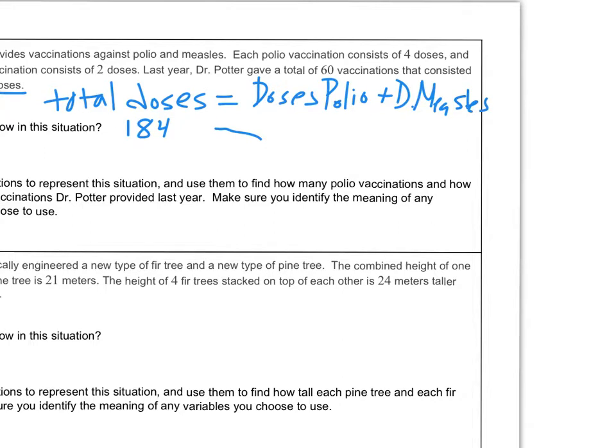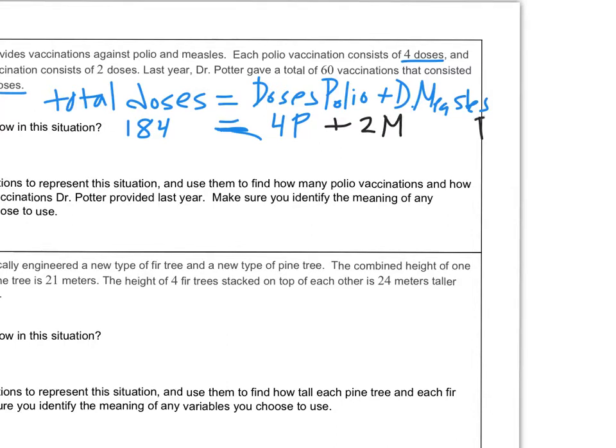And I know that the number of vaccines of polio, okay, that's going to be 4 times that. So I'm going to call this 4P for 4 polio, and I'm going to call this 2M for 2 measles.